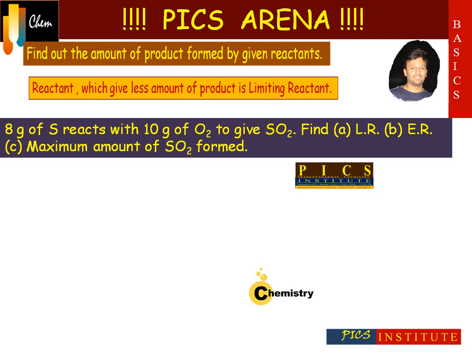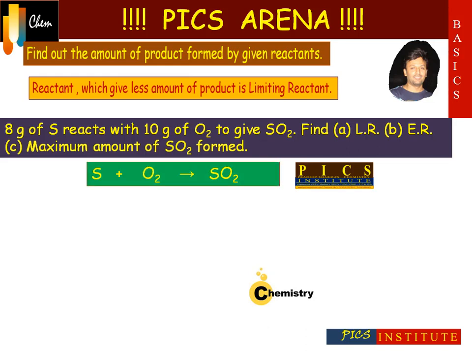You have 8 gram of sulfur and 10 gram of O2. For the production of SO2, you need to find out 3 things: the limiting reactant and excess reactant in a similar manner as in the last numerical, and third, the maximum amount of SO2 formed. So let's solve this question.